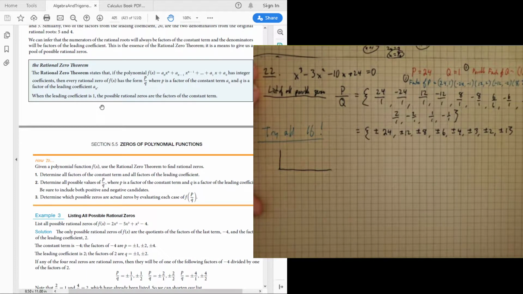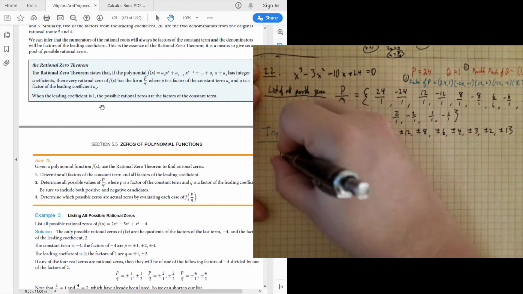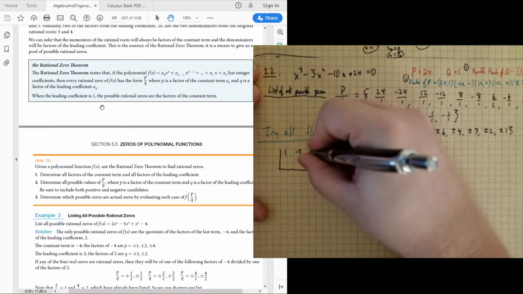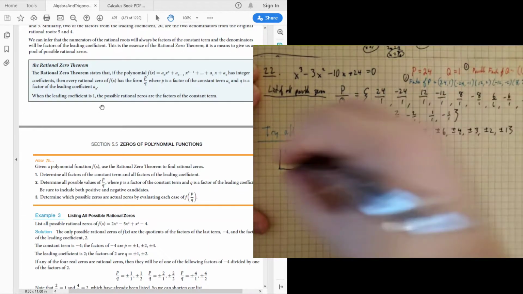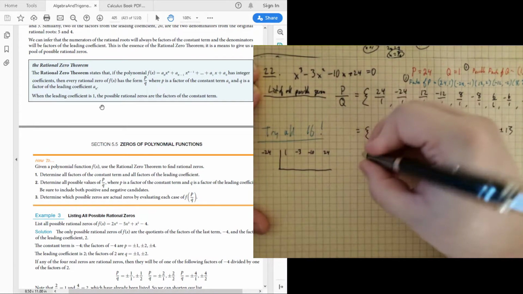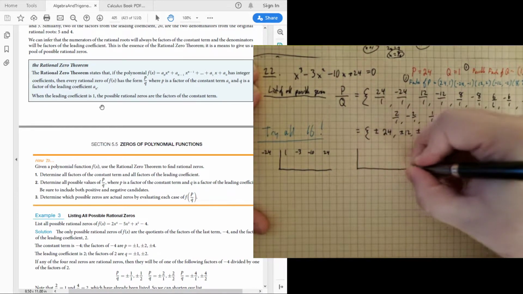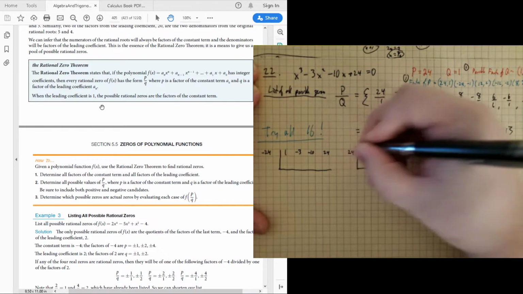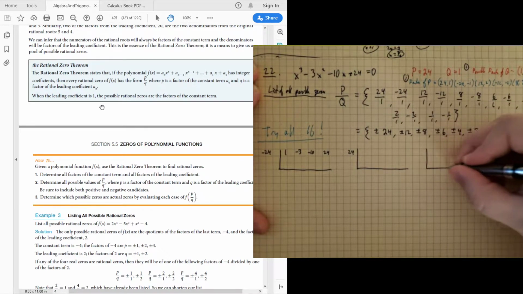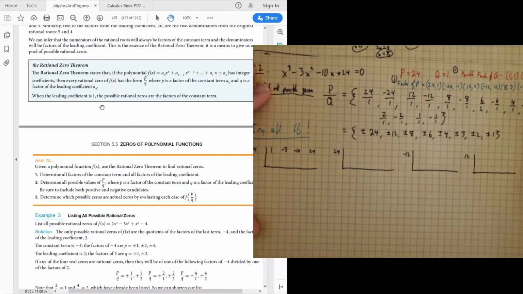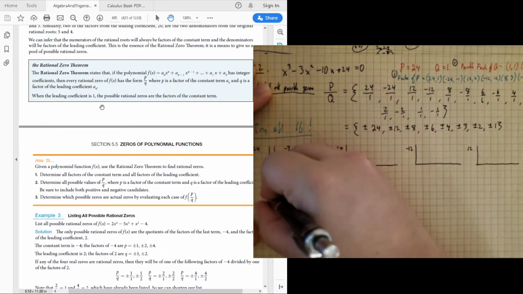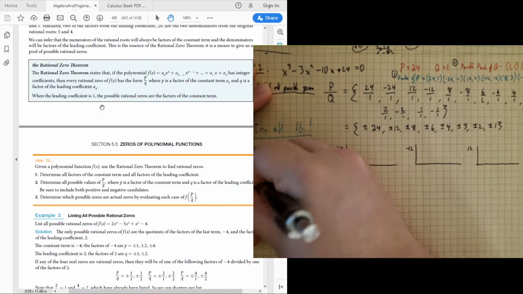I'm going to start by doing synthetic division of the function. 1, -3, -10, 24. And I have to essentially do this at -24, and then I have to do it again at +24. I have to then do it again at -12, and then again at +12, and then again at -8, and then again at +8.